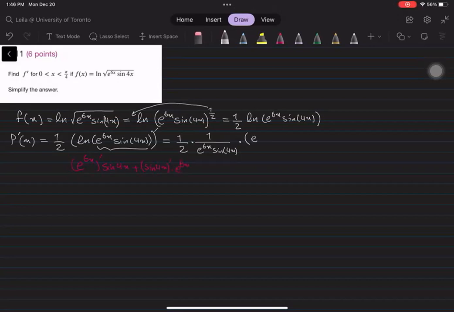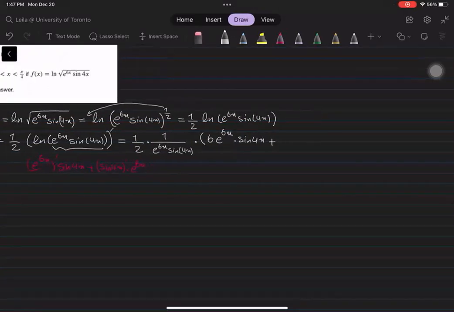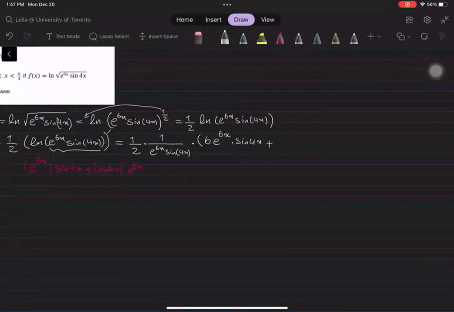So the derivative of e to the power of 6x is 6 e to the power of 6x, times sine of 4x. The derivative of sine of 4x is 4 cosine of 4x.